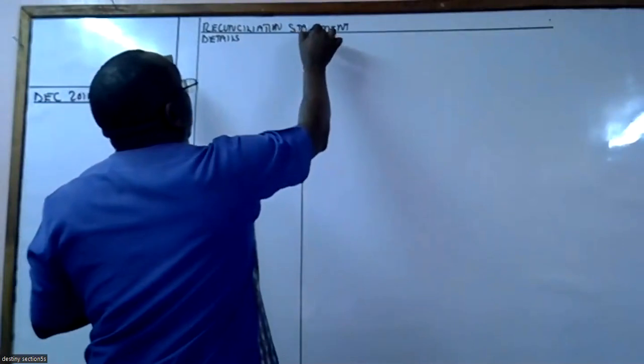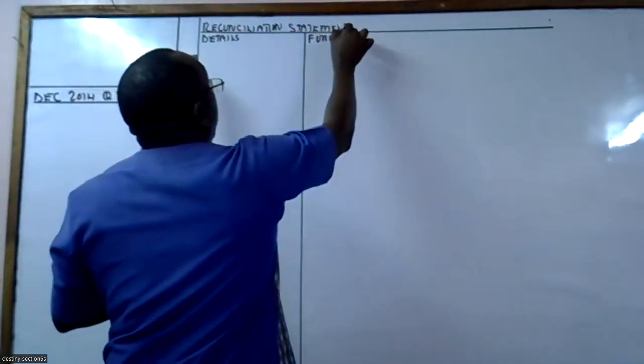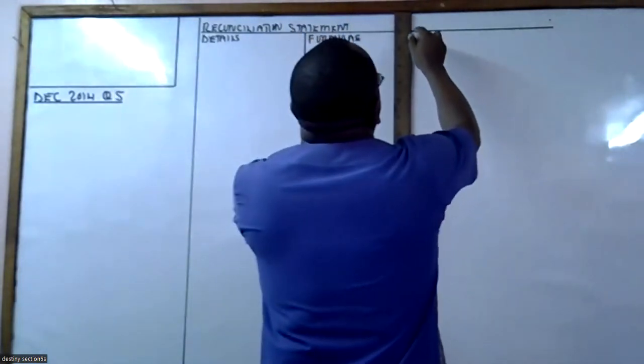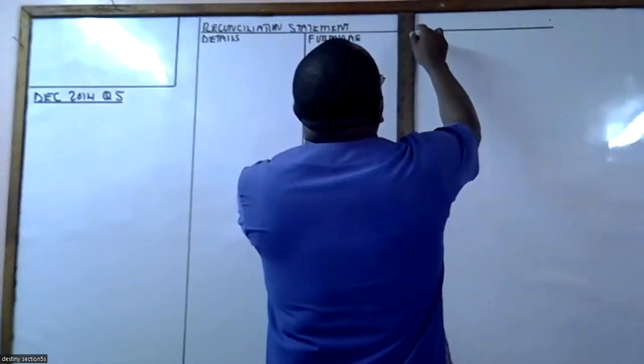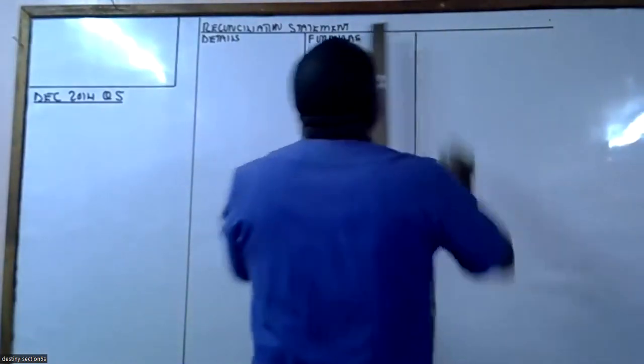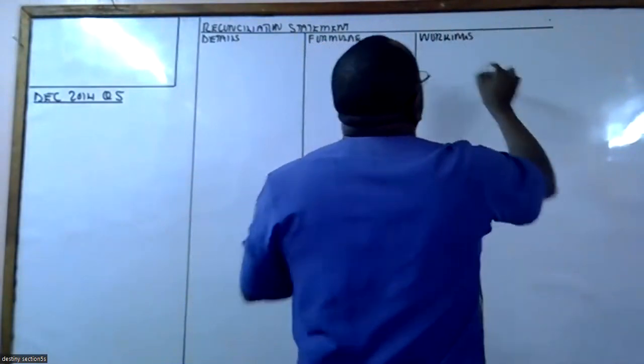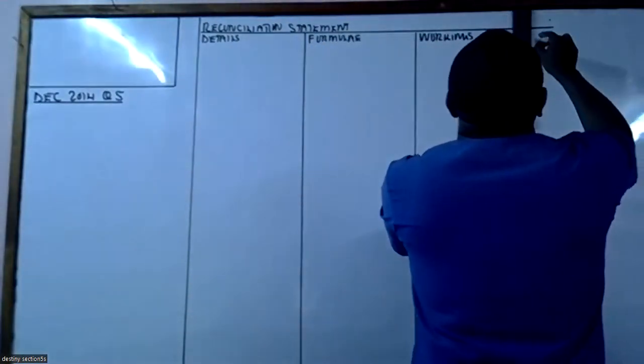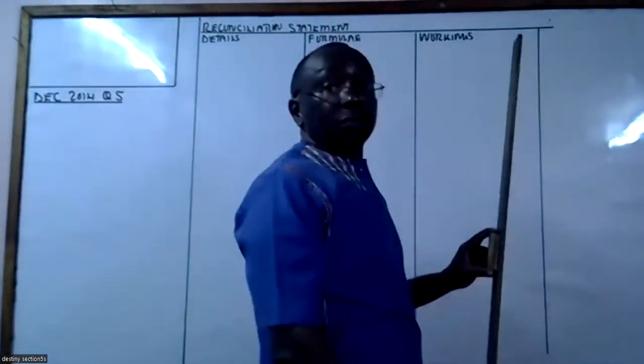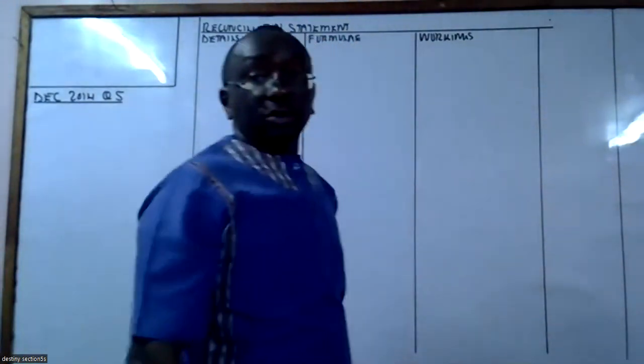We have a column where you show the formula. You have a formula where you show the workings. And you have a column where you show the amount.